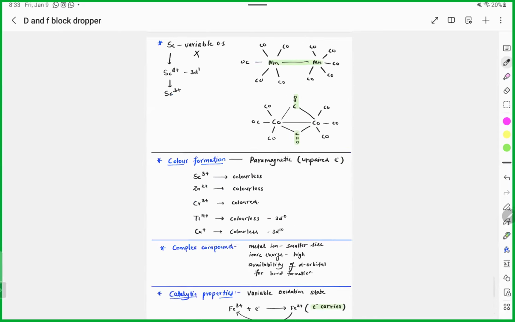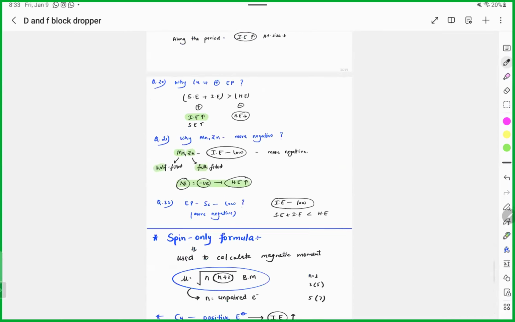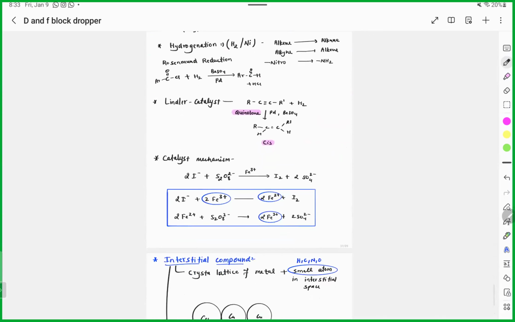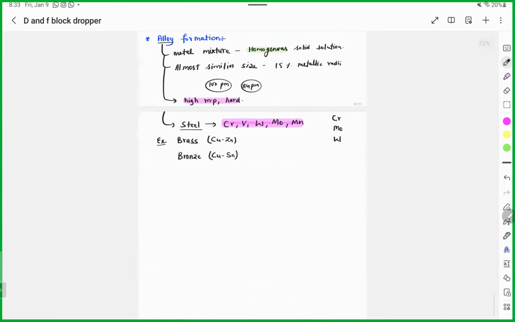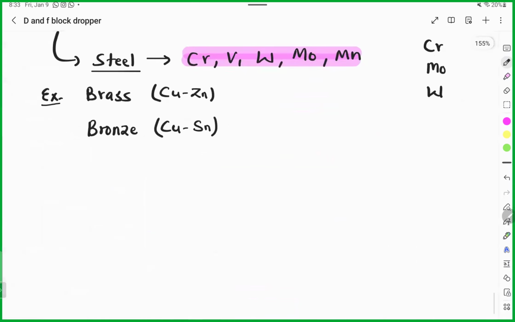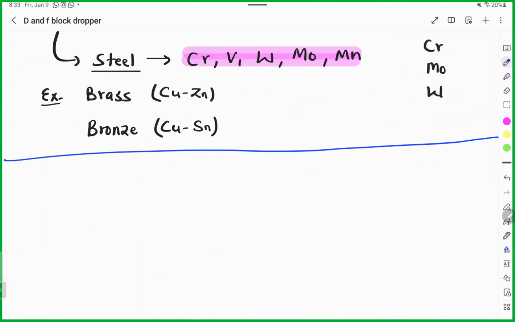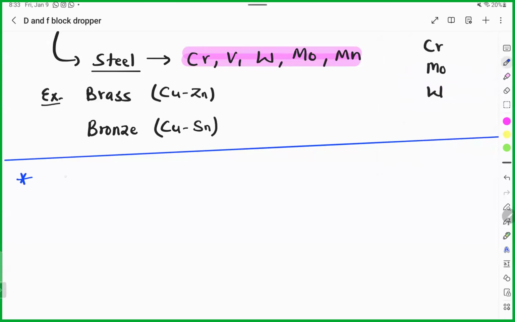I guess I covered most of the things. Metal oxide and oxyanion are the last topic and then we'll be done with the chapter. Oh, you have a test at 9 o'clock. I'll finish it. I will not leave anything today.